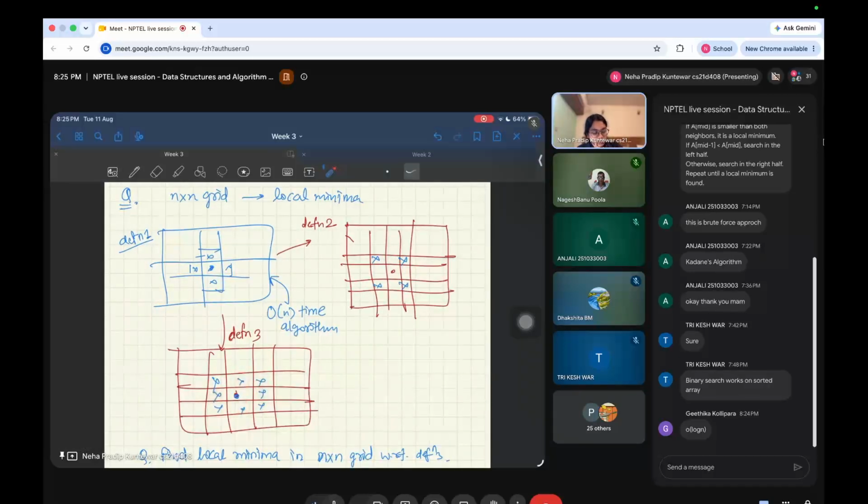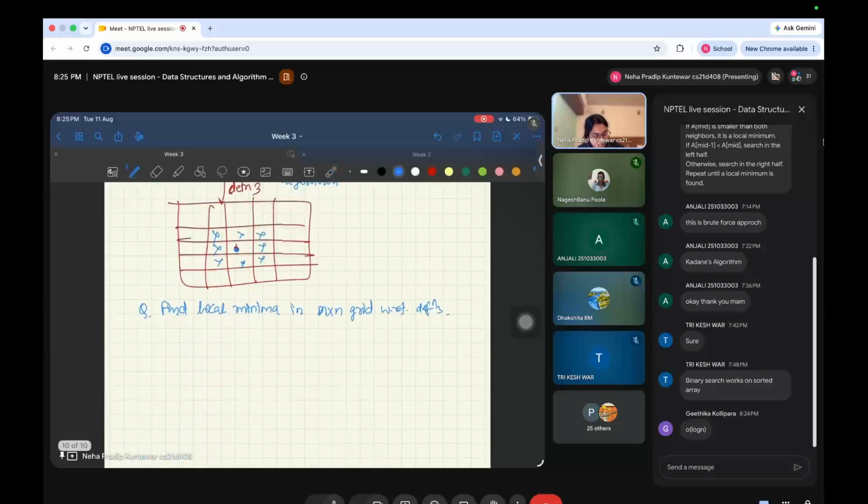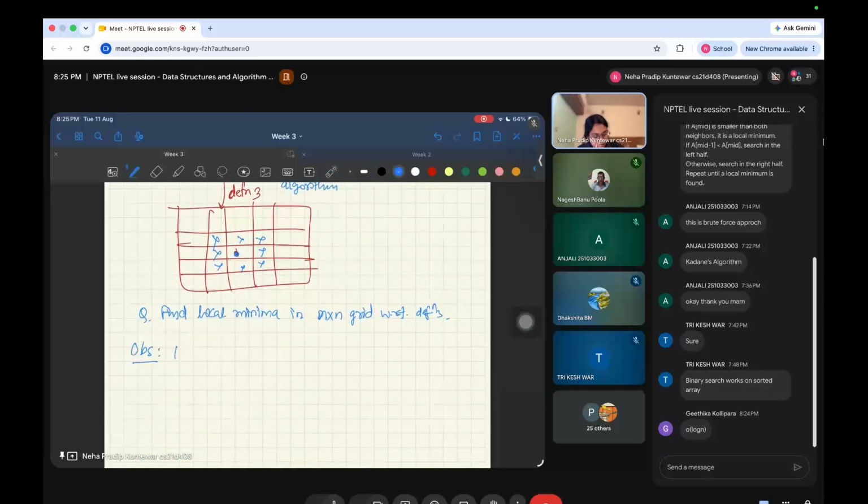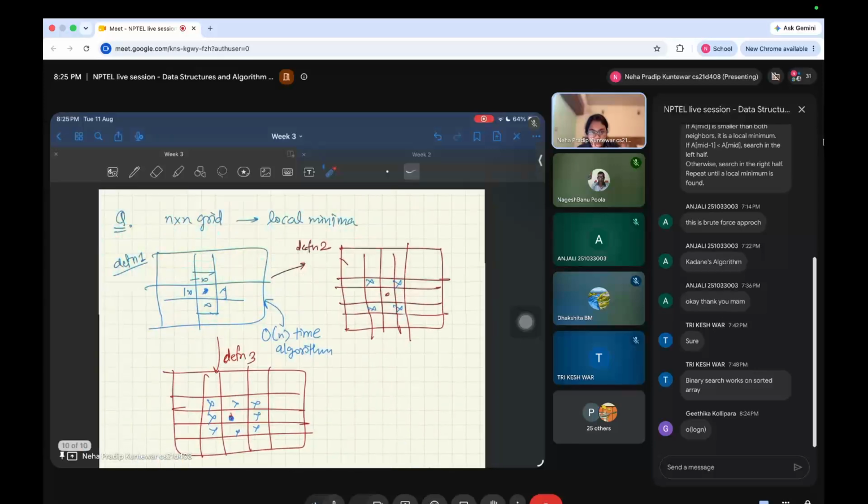So a local minima with respect to definition 3 is also a local minima with respect to definition 1, as well as definition 2, because again the same logic holds. If it is smaller than all these values, then definitely it's smaller than the diagonal values.